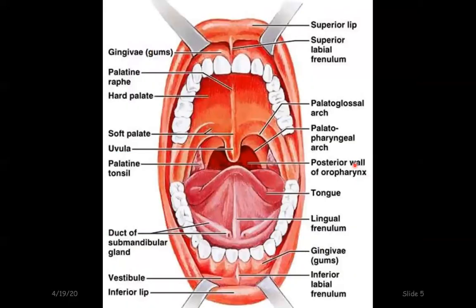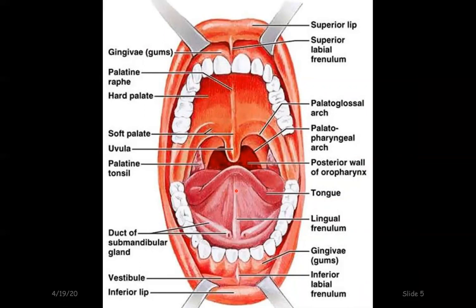More generally, inside of the buccal cavity, some structures that you're going to want to be able to identify. And I'll just go down the list in your lab manual. The first one here is the frenulum. The frenulum is that line along the inferior surface of the tongue. It's the tissue that anchors the tongue to the floor of the mouth.